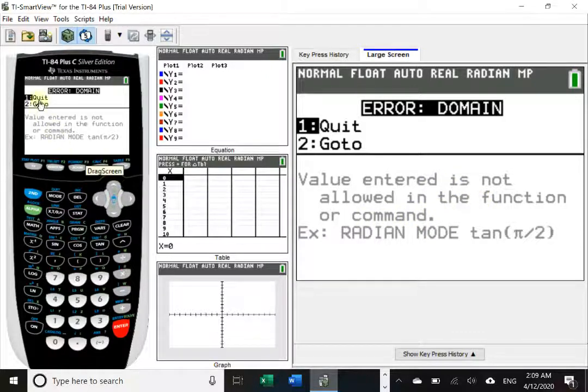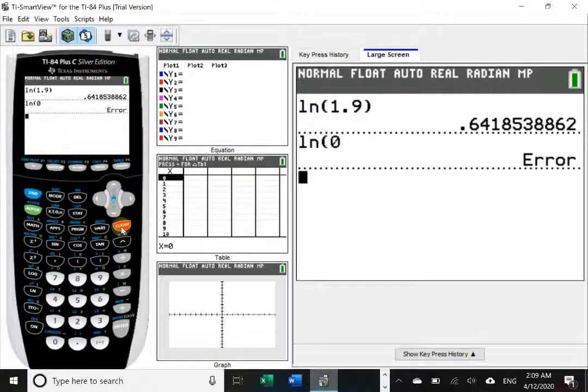Okay, so I'm just going to quit that. So ln of 0, remember that one, we got an error. Oh, up here actually it does say error domain. You see that? Right up here. So in other words, you put in a number that's not in the domain. So it's giving us a hint for that. So let me clear that. Next, I'm going to do ln of -2. So that's going to be ln of parentheses. Ooh, double parentheses. I didn't want to do that.